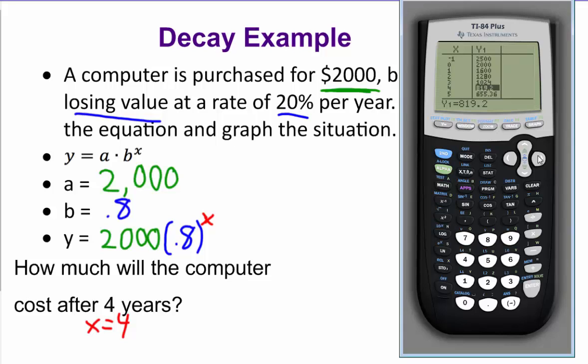So the computer will cost $819.20 after 4 years. So that's how much value it lost.